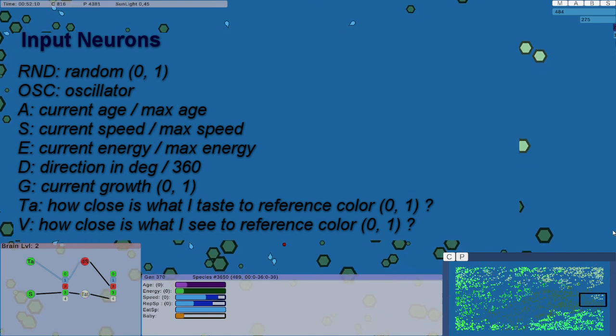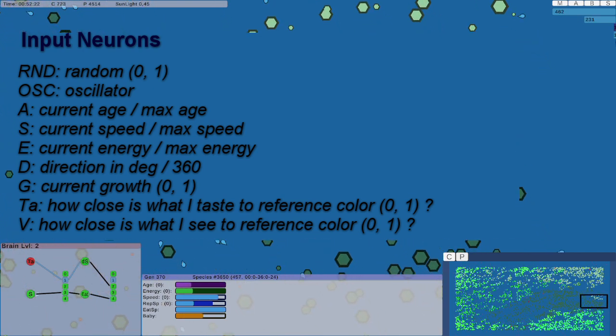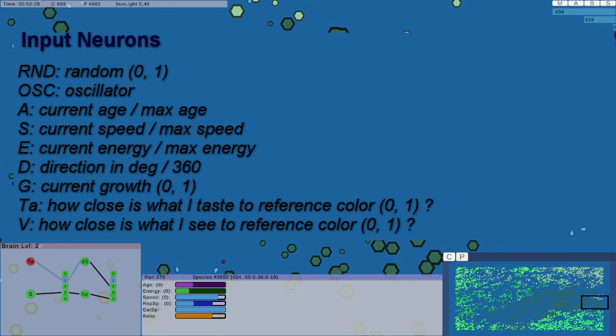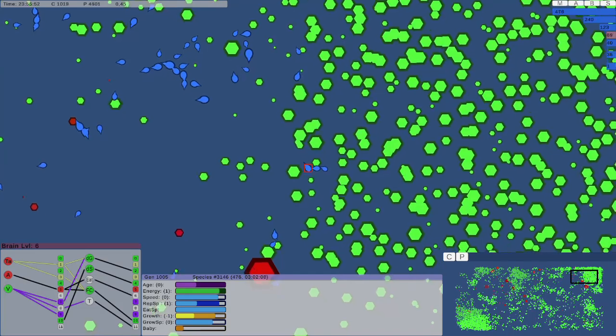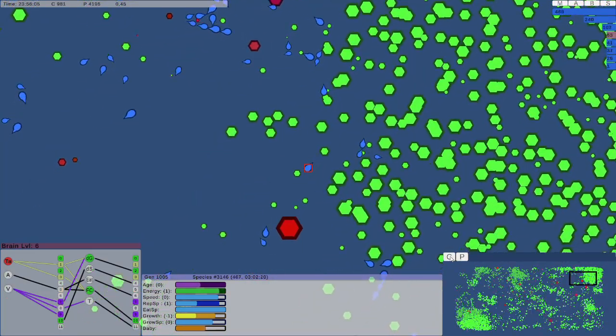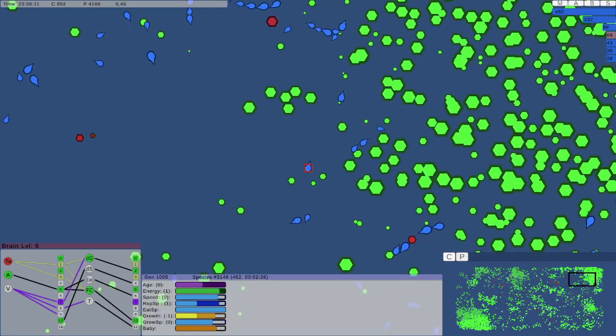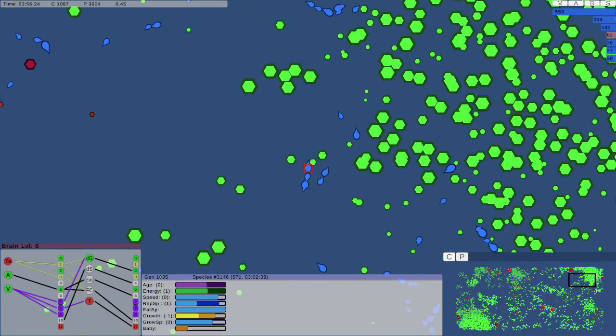Type 1 can see in front and a little bit on each side. Type 2 is the broadest vision angle. The second parameter defines how many colors the crit can see. It can see up to 3 different colors. This new input neuron should help the crits find more food and navigate their cruel world.